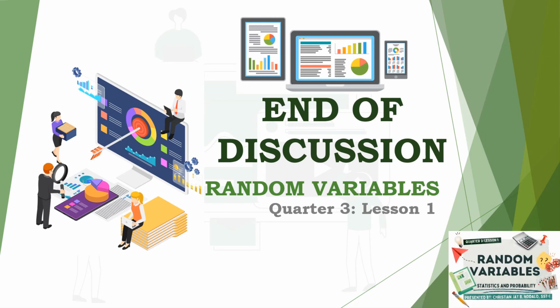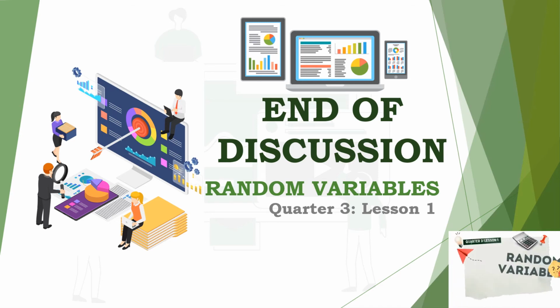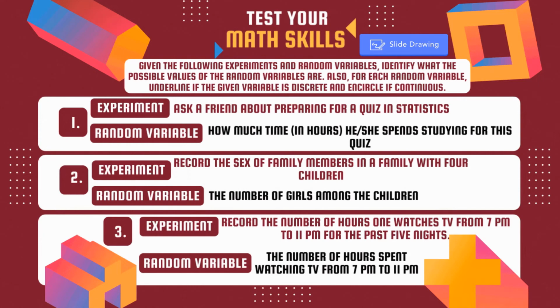And to make sure you still have them in your mind, let us do this activity entitled Test Your Math Skills. I will give you some time to answer each item. For the directions, given the following experiments and random variables, identify what the possible values of the random variables are. Also, for each random variable, underline if the given variable is discrete and encircle if continuous.